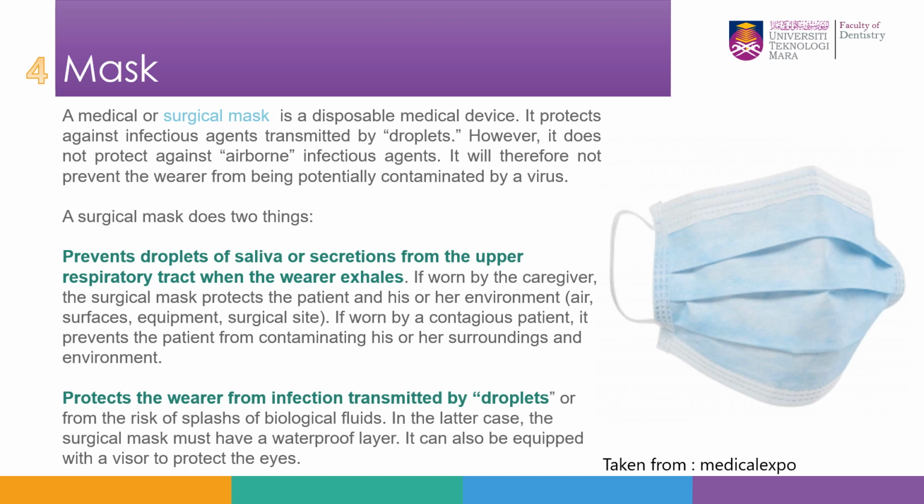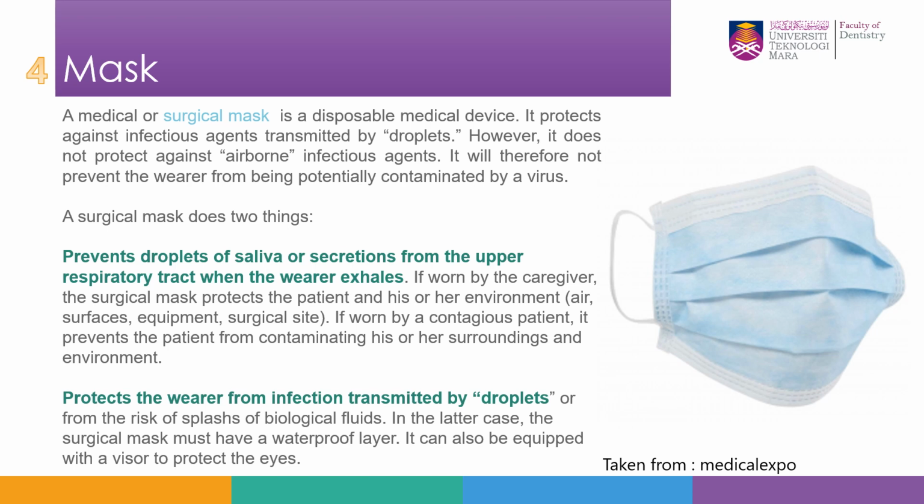What we're looking at is the size of the infectious agent and the size of the pores of your mask, okay? Whether the infectious agent is smaller than the pores of your mask. Therefore, the prevention of this airborne infectious agent might be compromised if you're wearing a different or inappropriate mask.